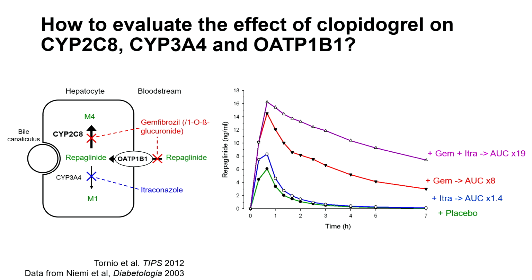And then we can have several mechanisms at play here, because CYP2C8, CYP3A4 and OATP1B1 are involved in repaglinide pharmacokinetics, and we know it is influenced by all these.